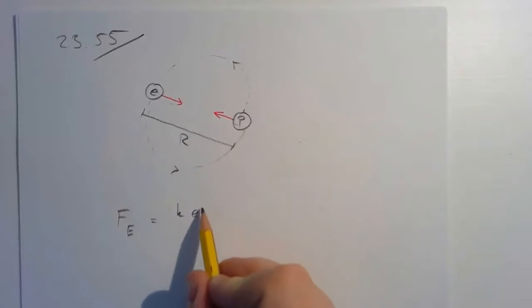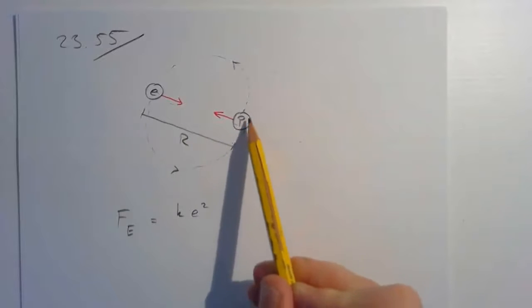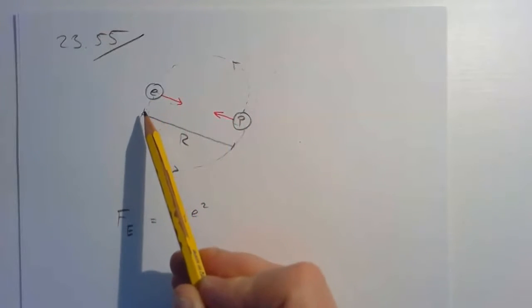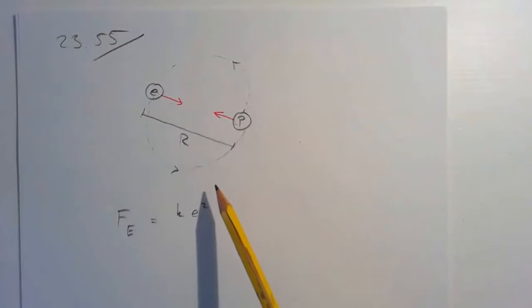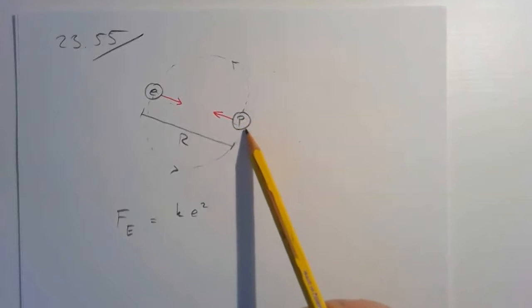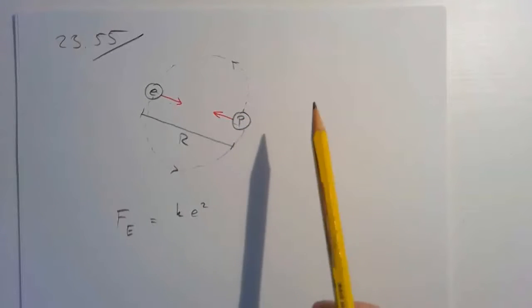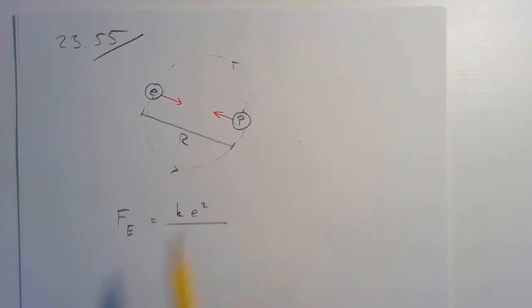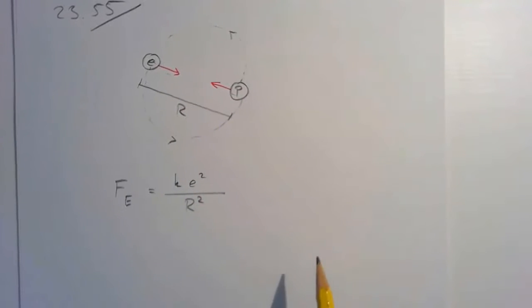In this case it's just e squared, because remember the charge of the electron is minus little e, or minus 1.6 times 10 to the minus 19 coulombs, and the charge of a positron is the same thing but with a plus sign. Divided by the distance between them, which I called capital R, squared. This is because we know that's the only force acting.